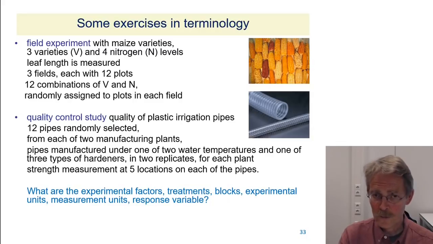We have 3 fields, and in each field we have 12 plots. So each field looks like a checkerboard pattern of 12 plots. What we measure is the leaf length of plants. And we have randomly assigned the 12 combinations of varieties and nitrogen levels to the plots in each field.